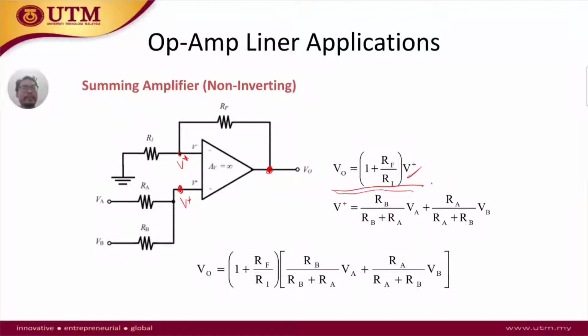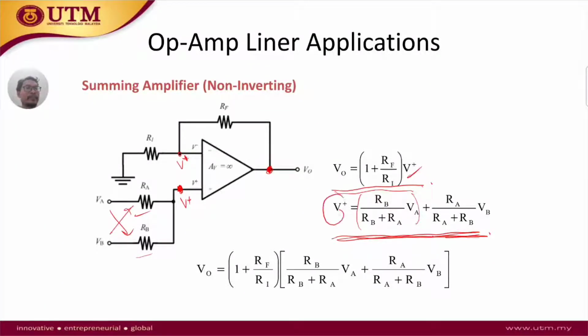But then what is the value of V plus there? The value of V plus there is a two-component across RB and RA, where V plus is VA across RB, and then VB across RA. You sum these two together, you get the V plus.